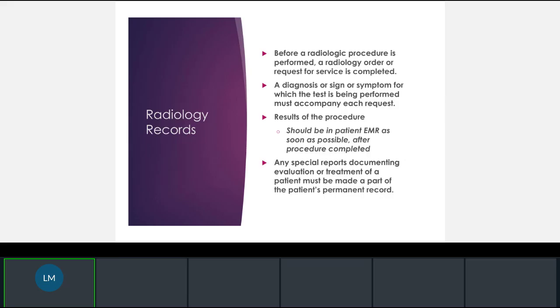Sometimes they can order exams stat or immediately, and those they would get a preliminary report immediately, and then a written report would follow shortly after. It just kind of depends on the facility and the urgency of the exam, but most reports are on the chart within 24 to 48 hours.